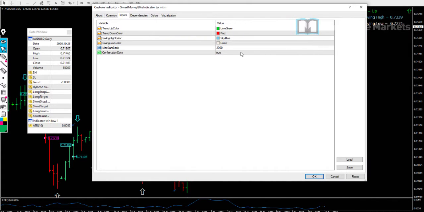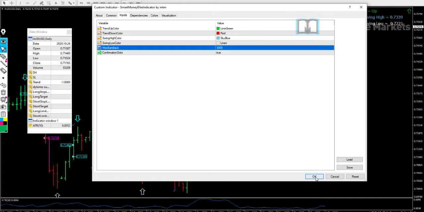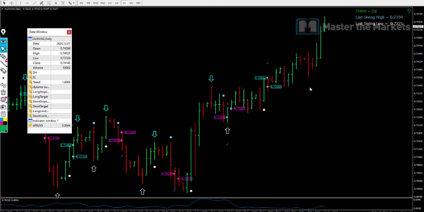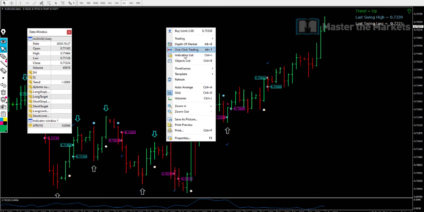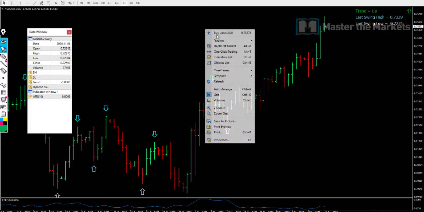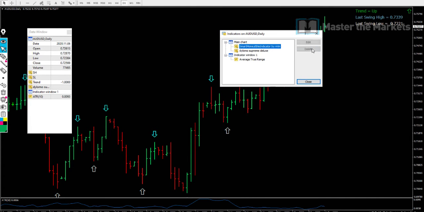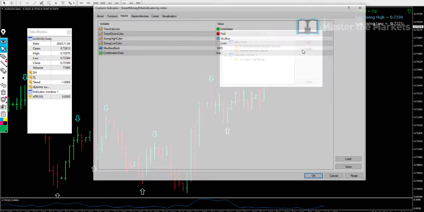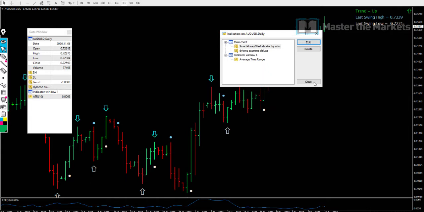Let me put in, let's see, 3,000. That should do it. There you go. Let me turn off the indicator for a while on the Cash In, and then we can put this one in here. There you go.